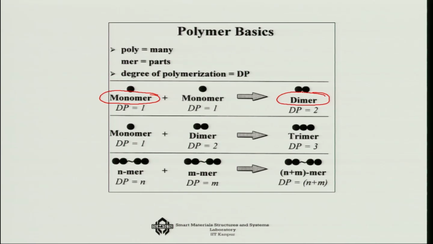A monomer also by definition has a degree of polymerization or DP which is 1. If there are two monomers, then the degree of polymerization becomes 2. So for a dimer the degree of polymerization is 2. If you add a monomer with a dimer, you will get a trimer and the degree of polymerization will become 3.